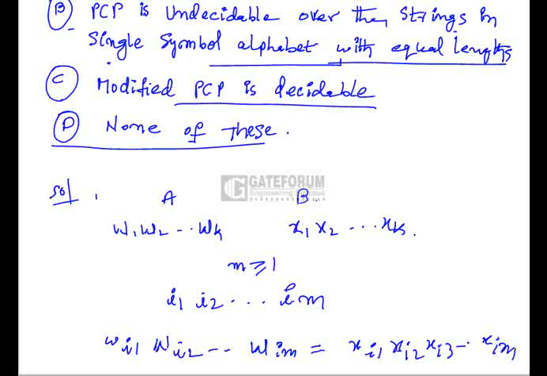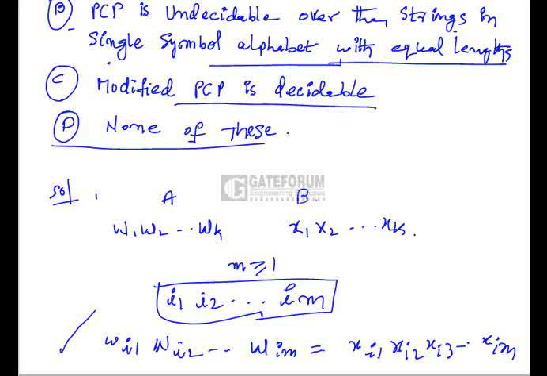If you are able to find such integers, then PCP has a solution. If PCP has a solution for every instance of the problem, then PCP is decidable. Otherwise, PCP is undecidable.